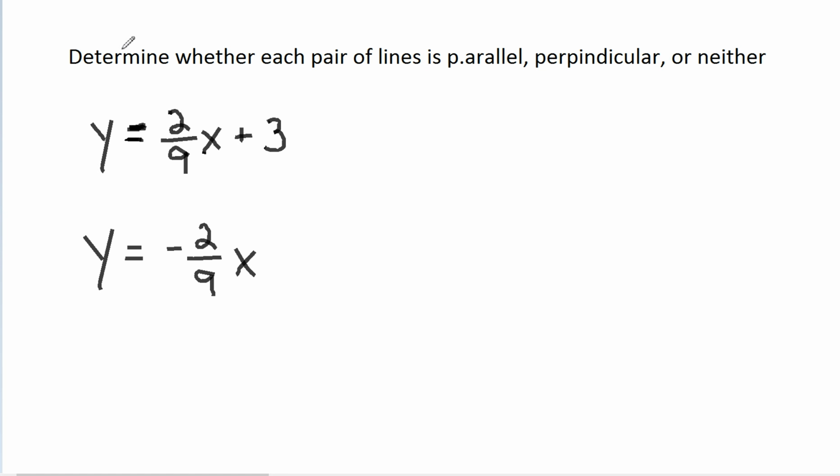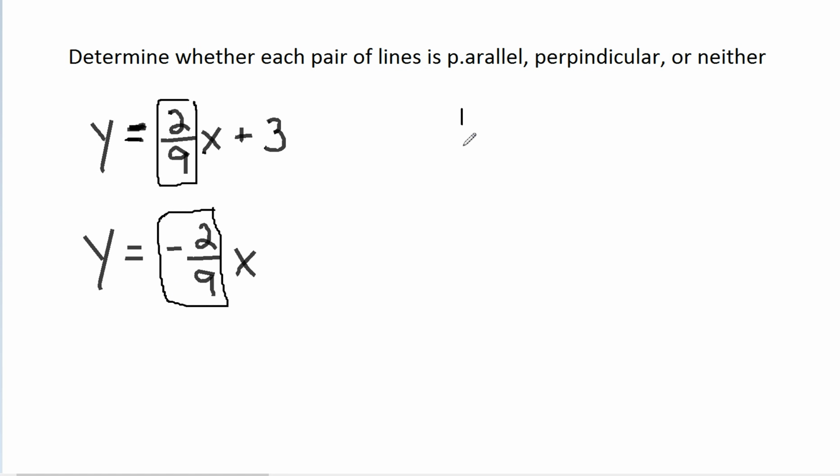Okay, let's see. Determine whether each pair of lines is parallel, perpendicular, or neither. All right, so we have to compare the slopes of each of these. This one here is 2 over 9. This is negative 2 over 9.